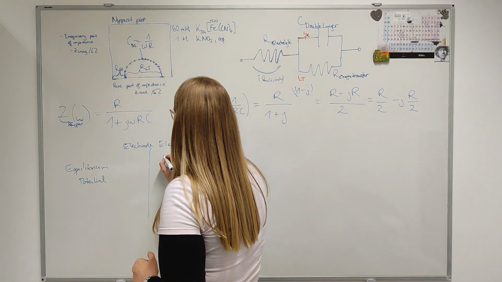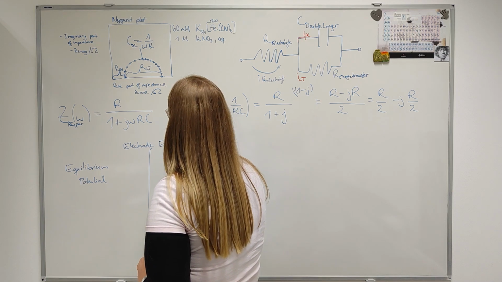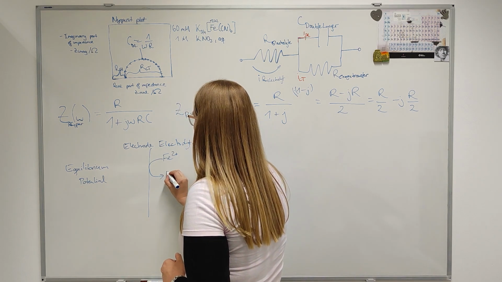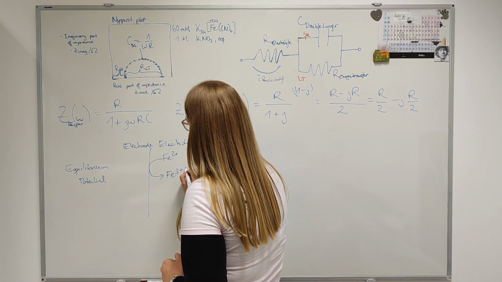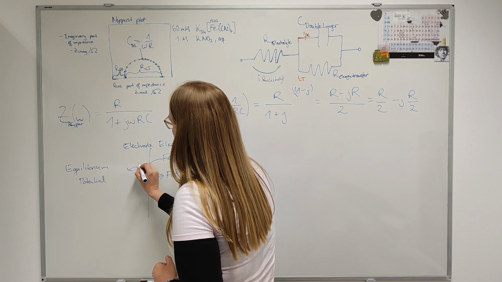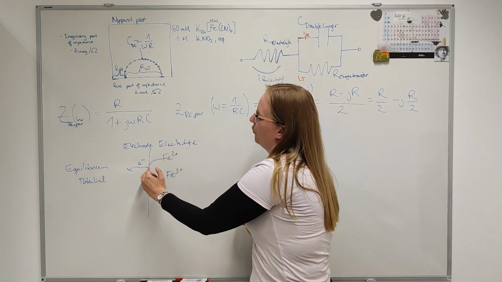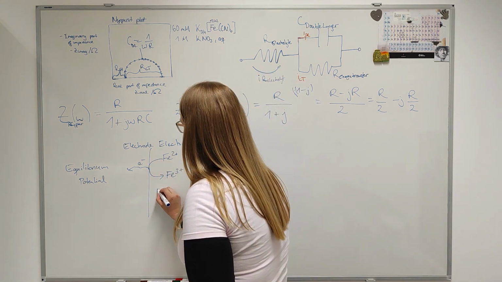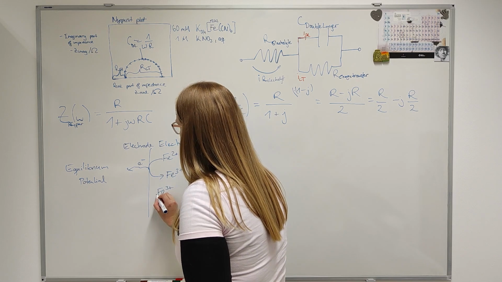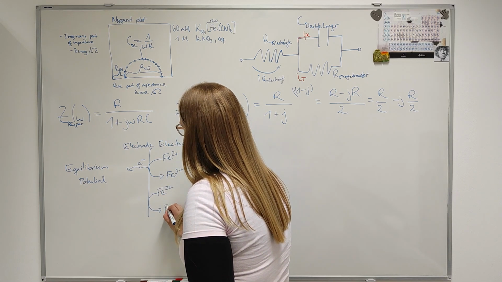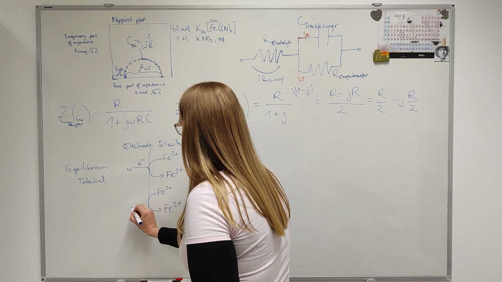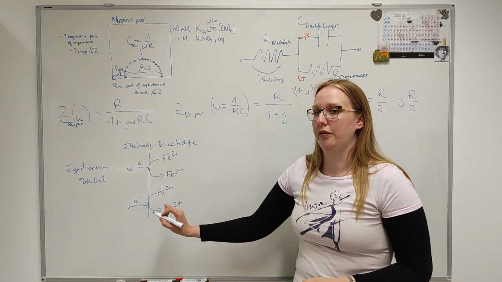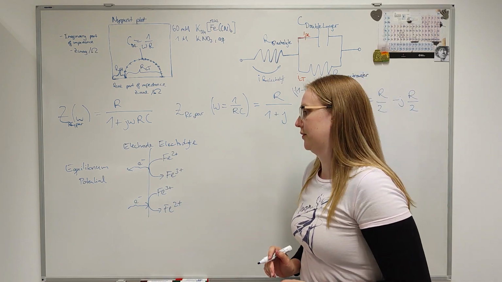So we here, for example, have the iron 2 species, which can be oxidized to the iron 3 species. Then we have electrons, which have to go through the interface, and we have an anodic current. Furthermore, we have of course also the iron 3 species, which can be reduced to the iron 2 species. And accordingly, we have a cathodic current flowing at the very same interface.